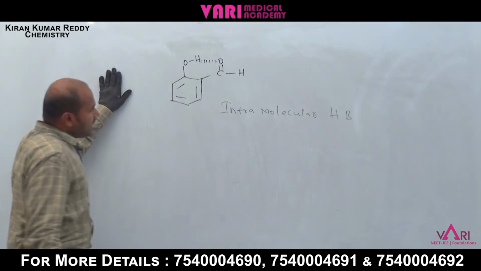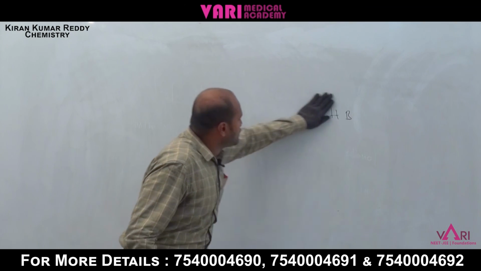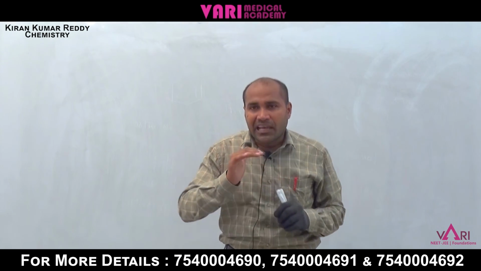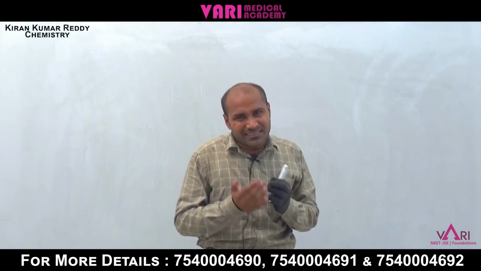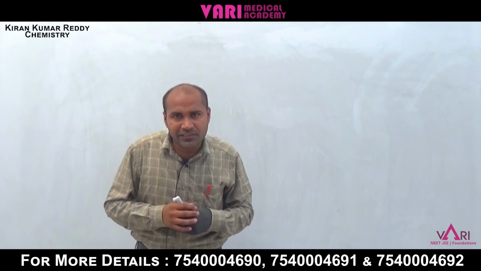Now, summary of hydrogen bonding. What is a hydrogen bond? Hydrogen bond means the bond formation between an electron deficient hydrogen atom and an electron rich hetero atom. Which atoms are involved in hydrogen bonding? Electronegative atoms: oxygen, nitrogen, fluorine, and carbon and chlorine also.